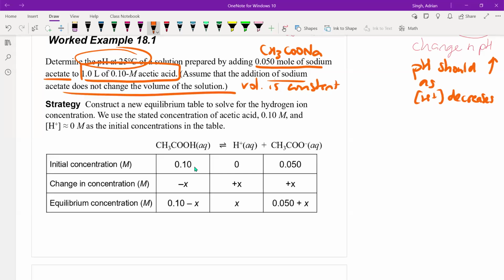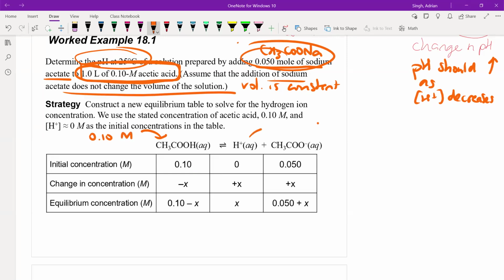All we're doing now is adding some of this stuff to the system. So we can set up our ice table to begin with, right? Initially, let me highlight what we have here in green. Our initial conditions are 1 liter of a 0.1 molar acetic acid, right? So the concentration of this to start with is 0.10 molar.